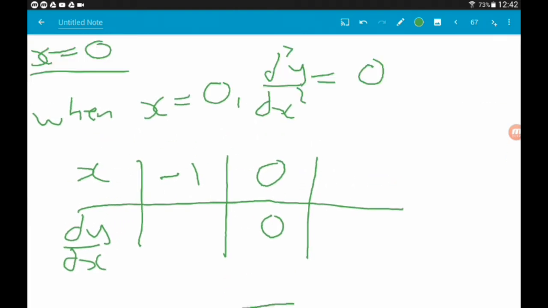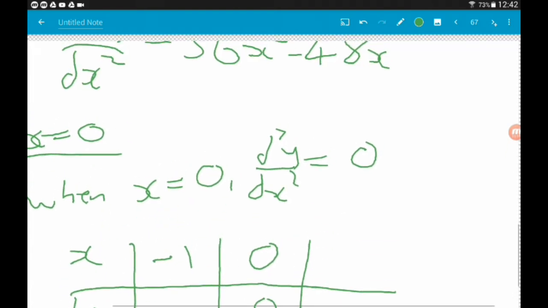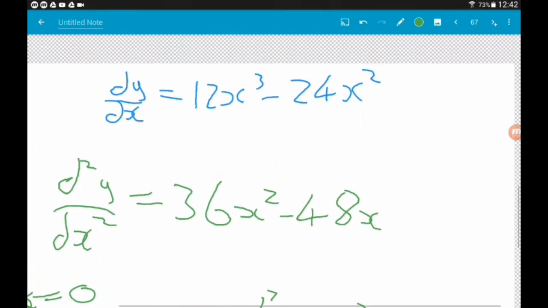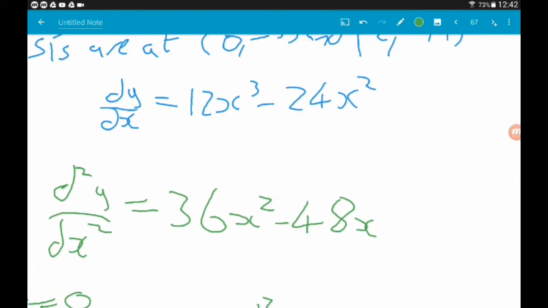So if we substitute x equals minus 1 into dy by dx, we're going to get 12 lots of minus 1 cubed, which is minus 12, and then minus 24 lots of minus 1 squared.